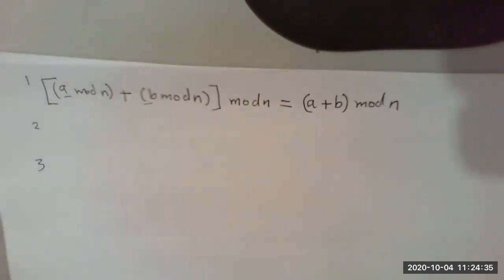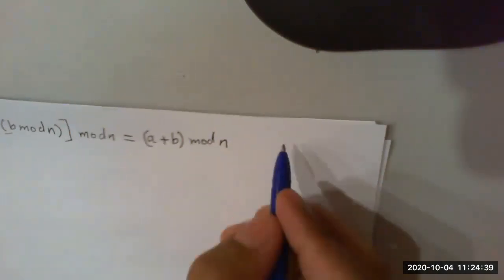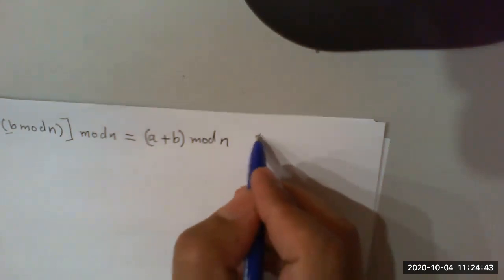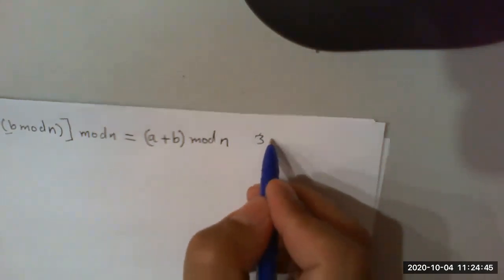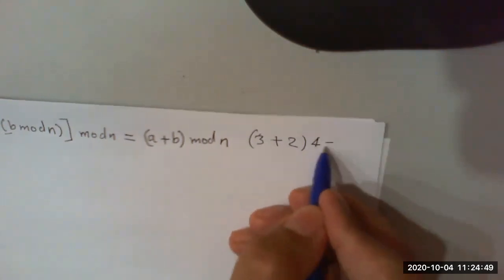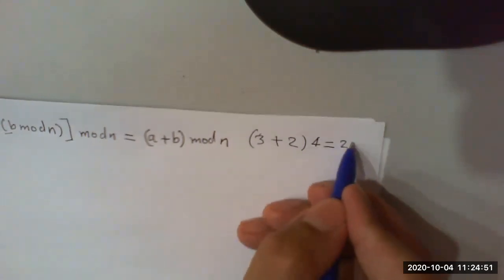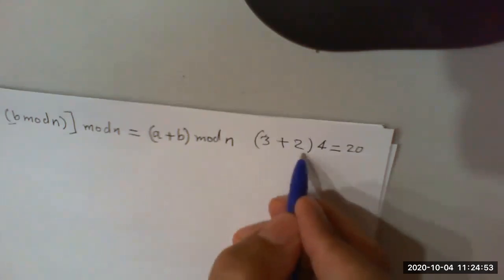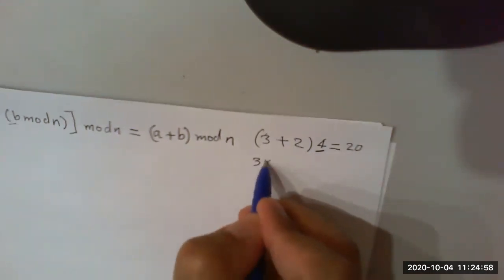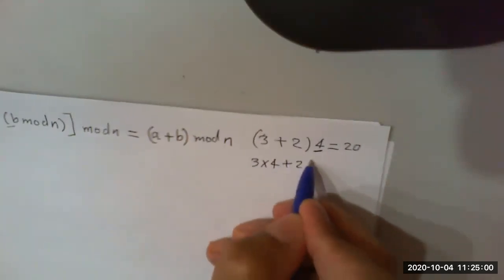If you study any mathematics for the first time, they tell you, for example, 3 plus 2 multiplied by 5 equals 20. This means I can write it this way: I can multiply 3 by 4 plus 2 by 4.